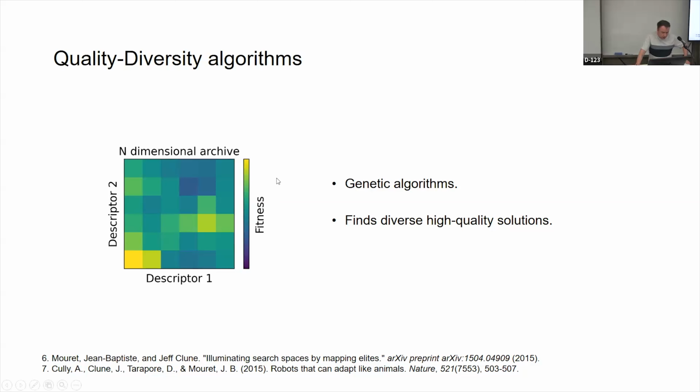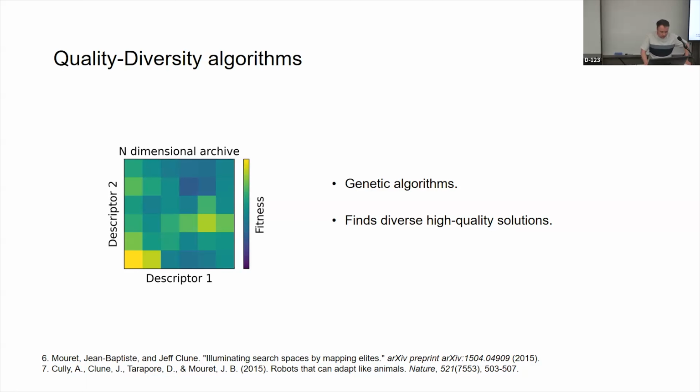So the velocity will correspond to the fitness. And let's say descriptor 1 corresponds to how much we use the right leg, and descriptor 2 corresponds to how much we use the left leg. Then the solution contained in that cell will correspond to a controller that basically only uses the right leg. And this one will correspond to a controller where we only use the left leg. Anyway, that was just an example to explain quality diversity algorithms.